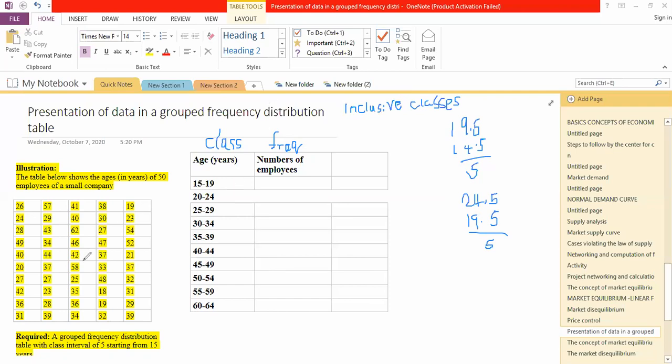Now, I want us to peruse through this data and we mark the frequencies for each and every data point that we have. We count them as we make them to appear in the class where they're supposed to belong. I repeat, we go through this data. This is a set of data.